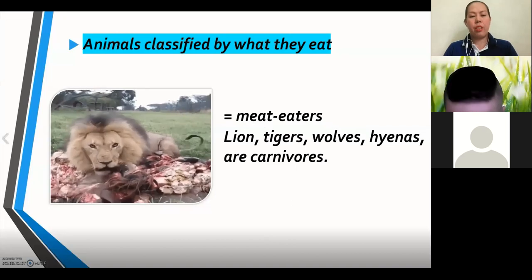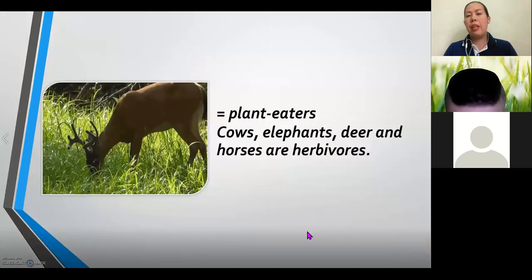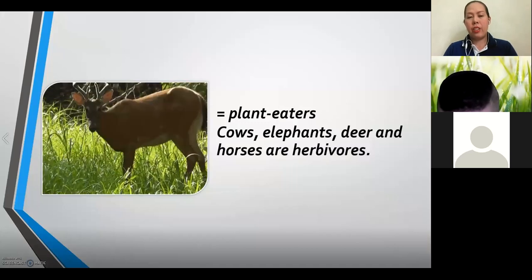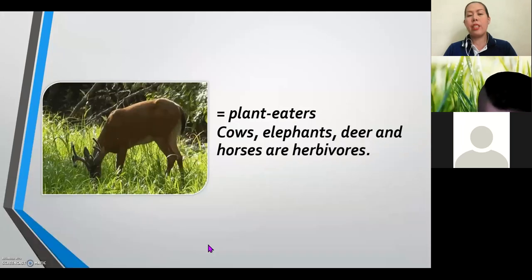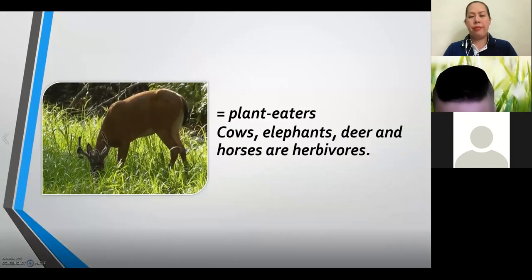Okay, the next one that we will talk about is the plant eaters. Plant eaters like cows, elephants, deer, and horses are herbivores. The plant eaters are what we call herbivores. Can you give me more examples of herbivores? Zebras. Okay, what else?